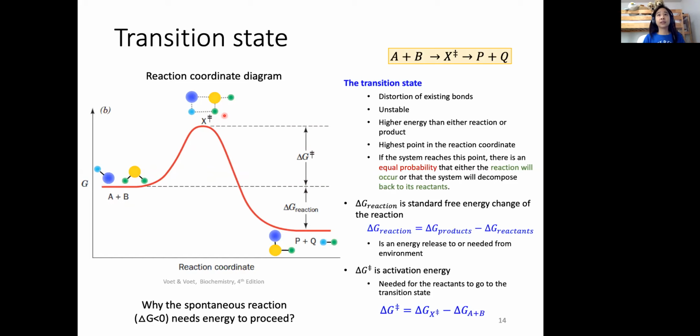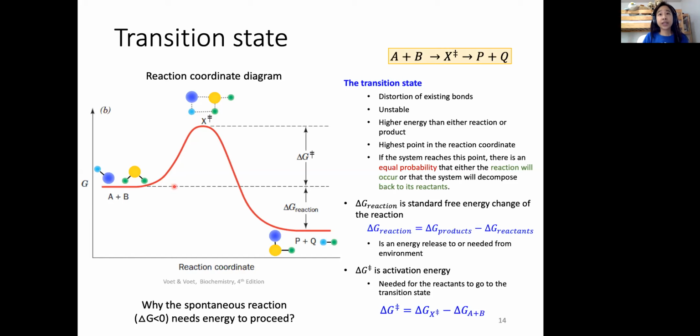And once the reactant becomes the transition state, there is an equal probability that the reaction will go toward the products or go back to the reactant. All right?